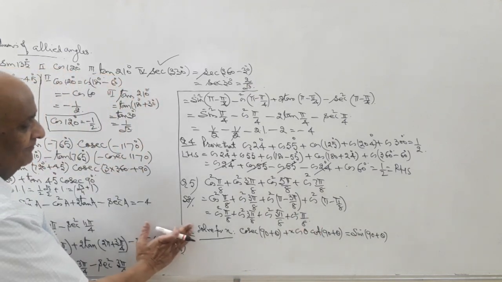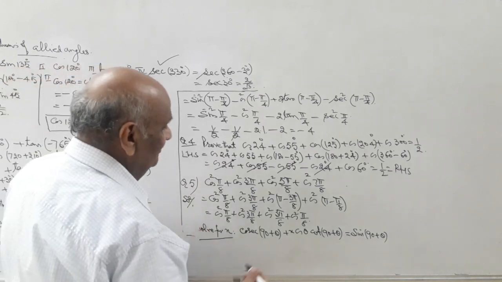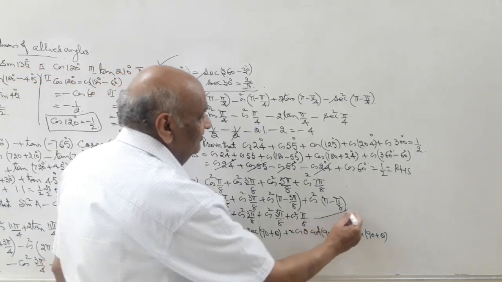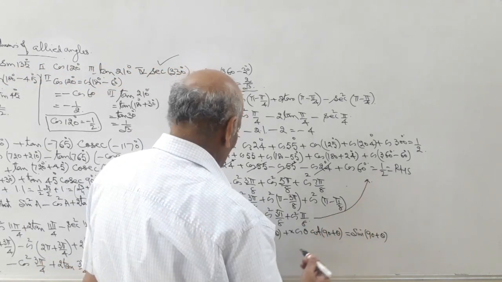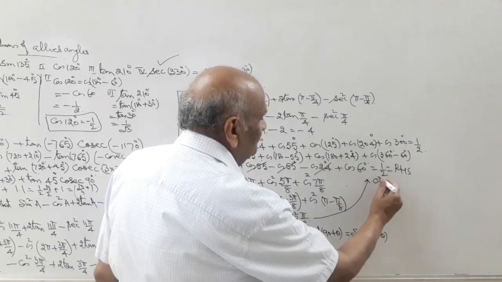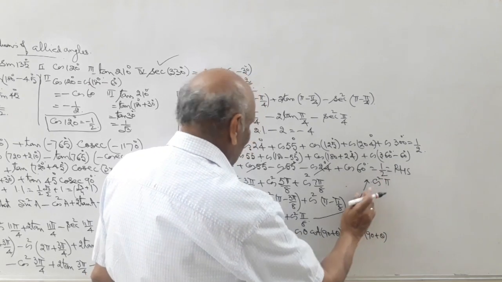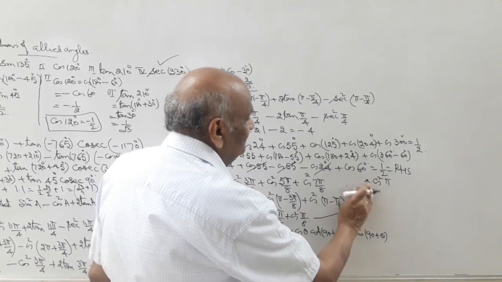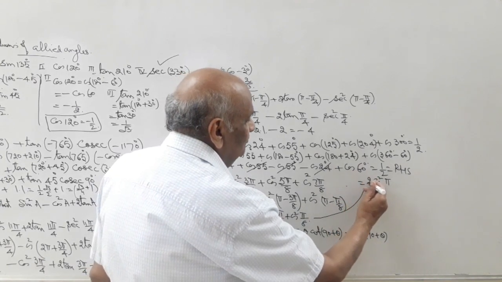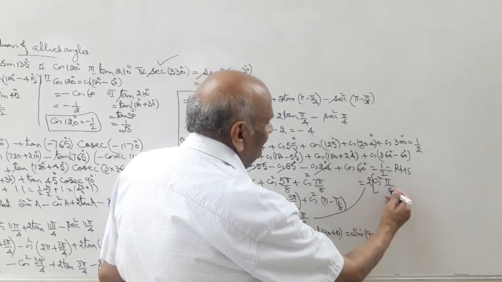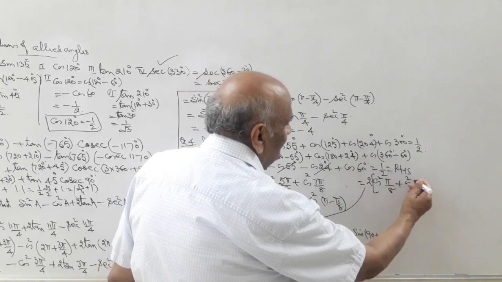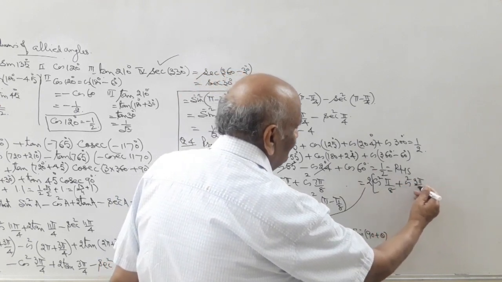That means now only one step more we are left with. You can continue from here. I write down here, please check. It is cos square pi by 8, cos square 2 times. This is equal to 2 times cos square pi by 8 plus cos square 3 pi by 8.